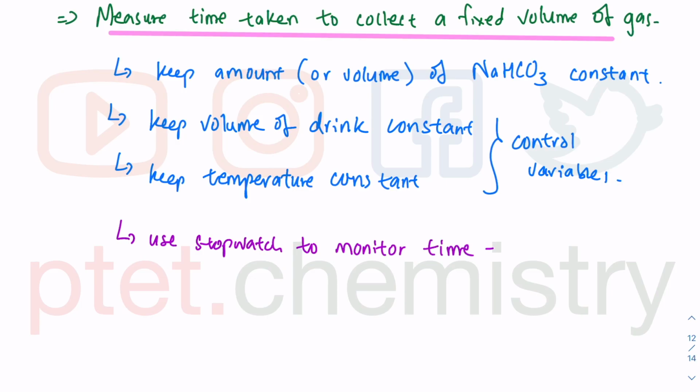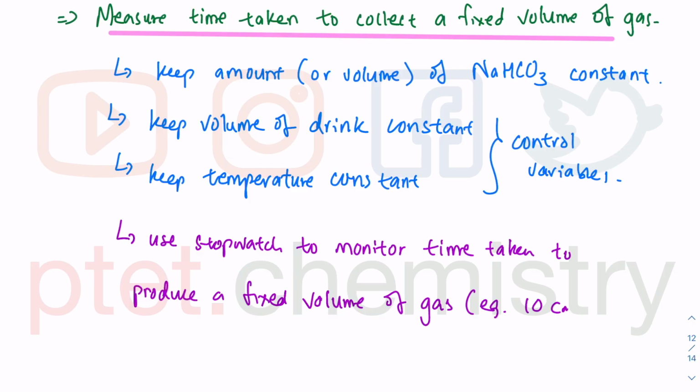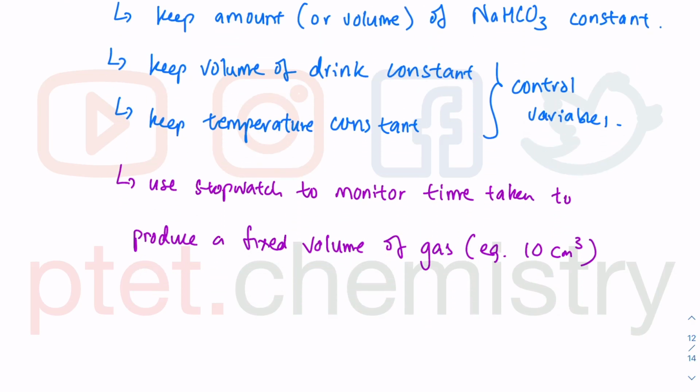How much time will be taken to produce a fixed volume of gas. So you gotta give a quantity. So example, I don't know, 10 cm cube. If you can say 20 cm cube. 1000 cm cube is probably too much to bother about doing experiment in the lab for gas. So to produce a fixed volume collected inside this apparatus called a gas syringe.